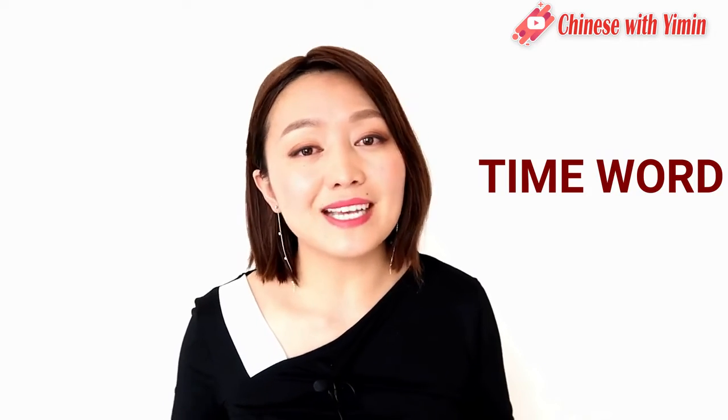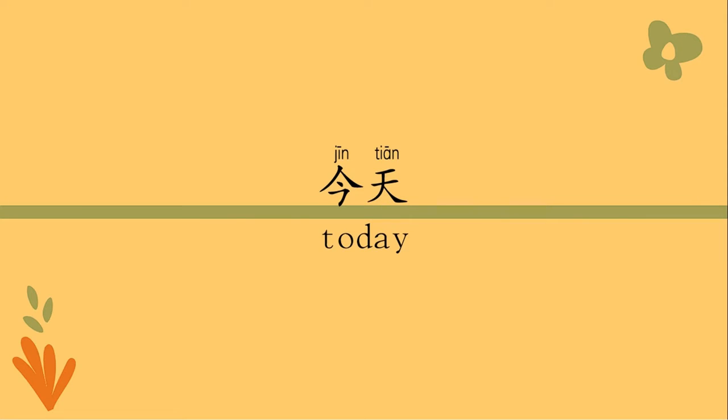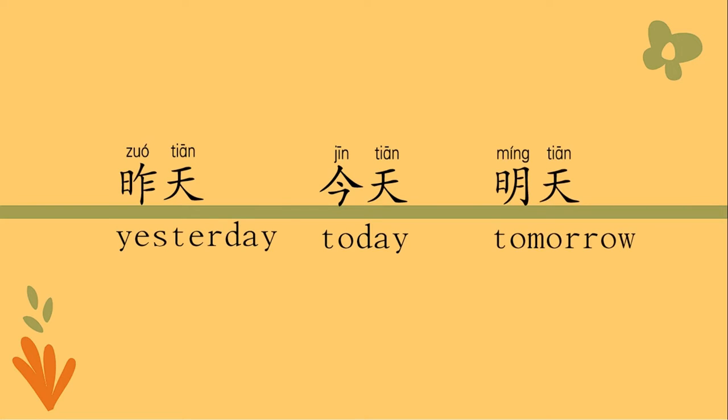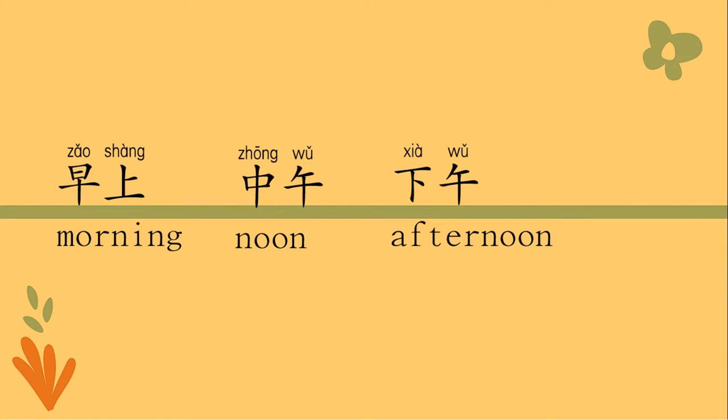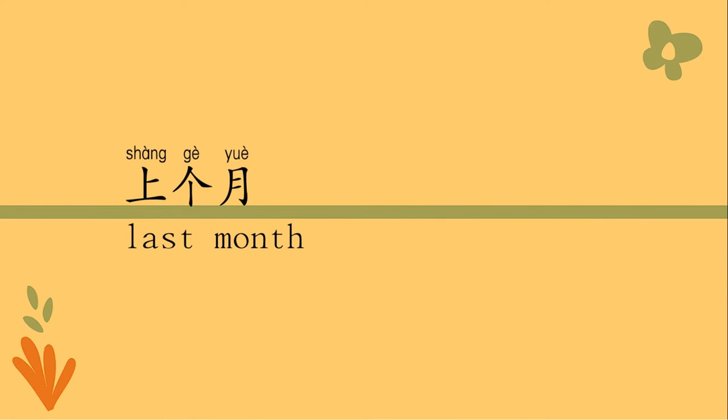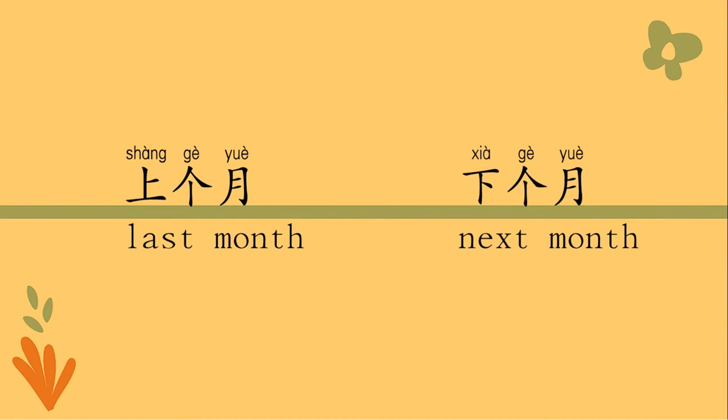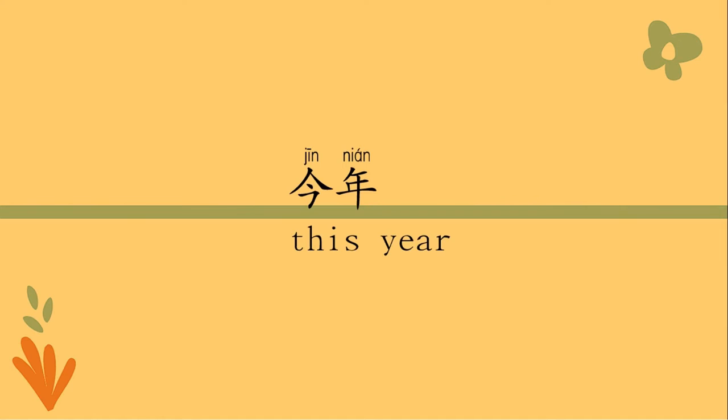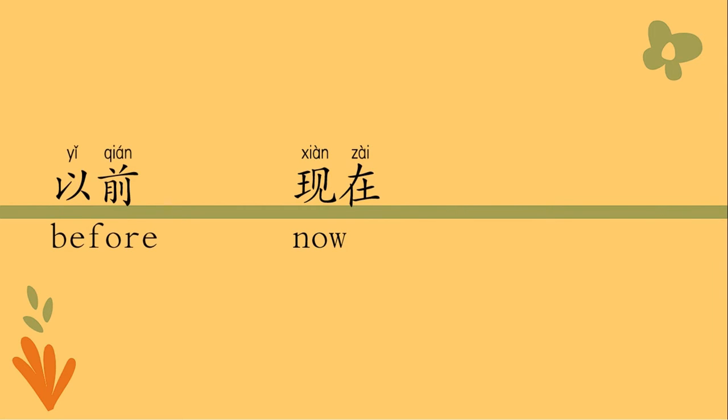So here, let's review some very important time words together. 今天 today, 昨天 yesterday, 明天 tomorrow, 早上 morning, 中午 noon, 下午 afternoon, 上周 last week, 下周 next week, 上个月 last month, 下个月 next month, 今年 this year, 去年 last year, 明年 next year, 现在 now, 以前 before, 将来 future.